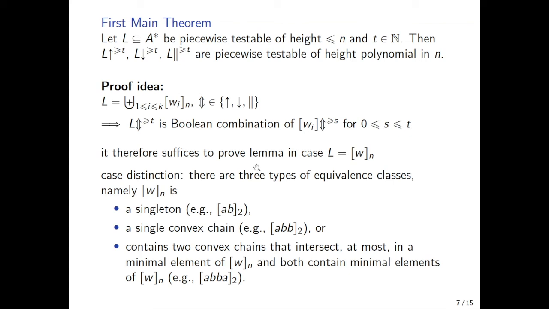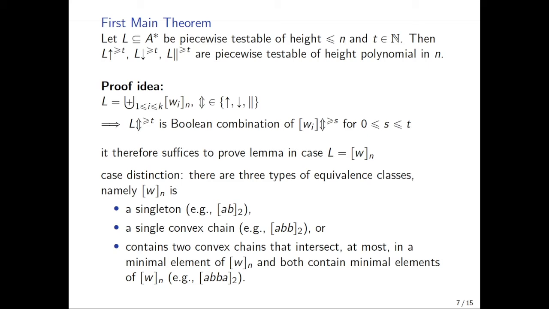And what one proves first is that there are actually 3 main types of equivalence classes. Namely, the equivalence class is a singleton, and we saw such an example on the last slide. Second, the equivalence class is a single convex chain.